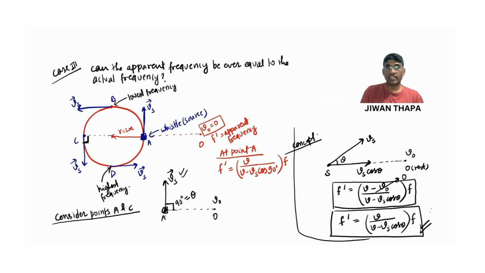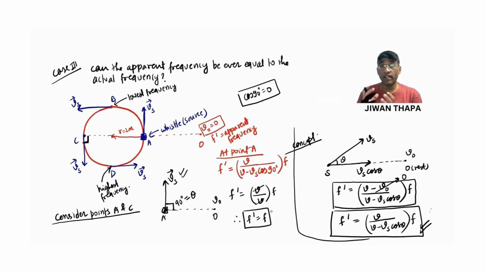Now we know cos 90 degree is 0. Therefore, f dash equals V divided by V, times f. So this cancels out. Therefore, f dash equals f. So what we are getting? Apparent frequency equals the actual frequency, or the real frequency.